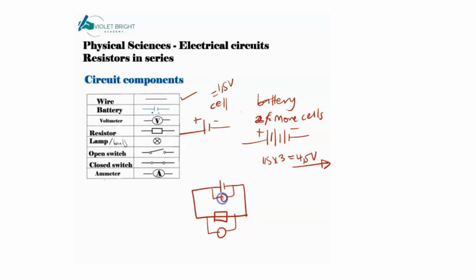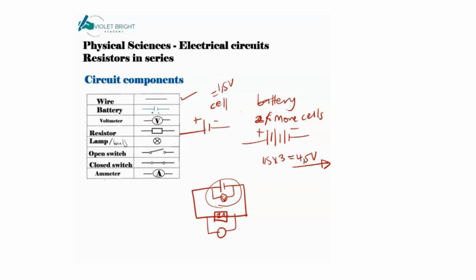What the voltmeter here will do is record the EMF, or the voltage that the battery supplies throughout the external circuit. Same here, it will record the voltage that will be passing through this 2 ohm resistor.